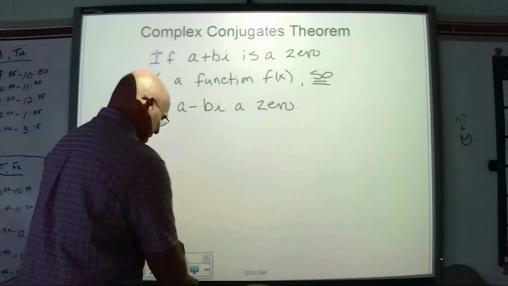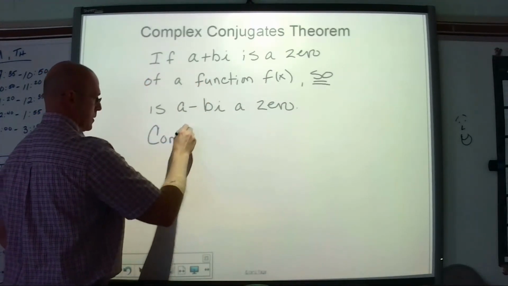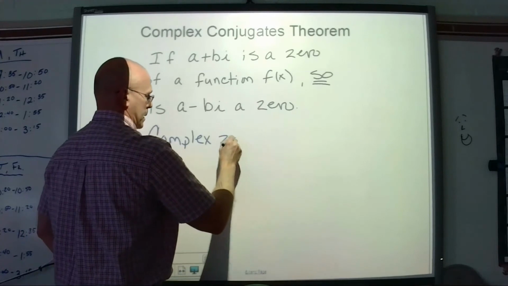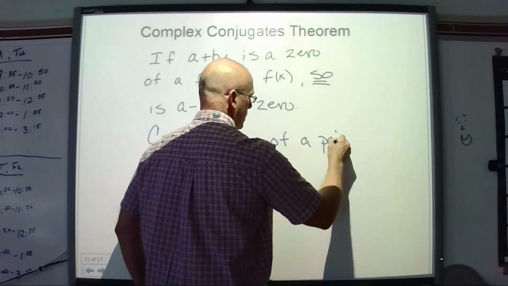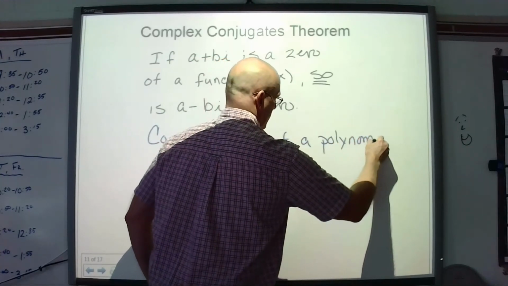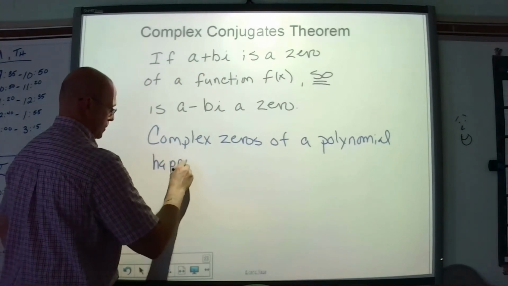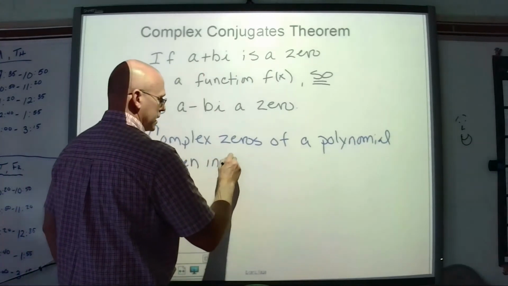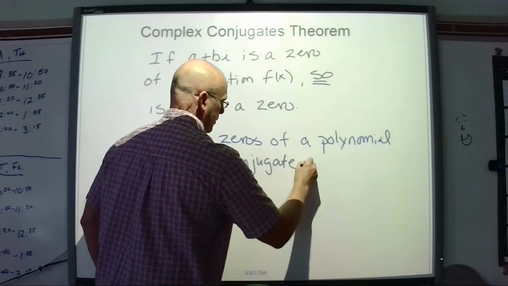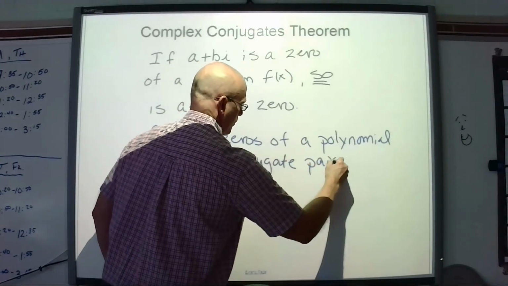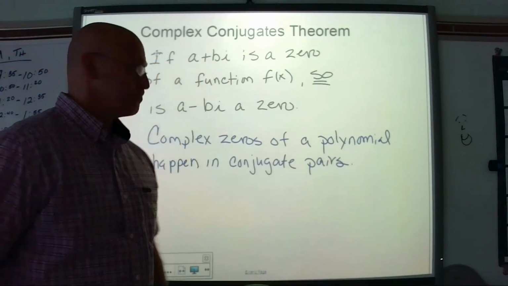So this is telling me then complex zeros of a polynomial happen in conjugate pairs. They happen in conjugate pairs.